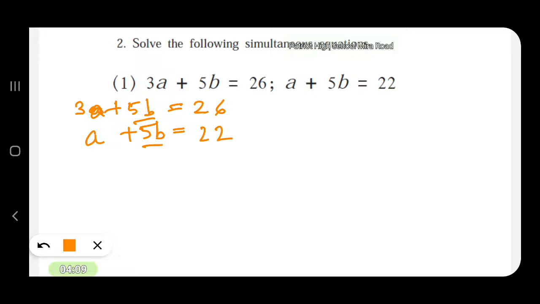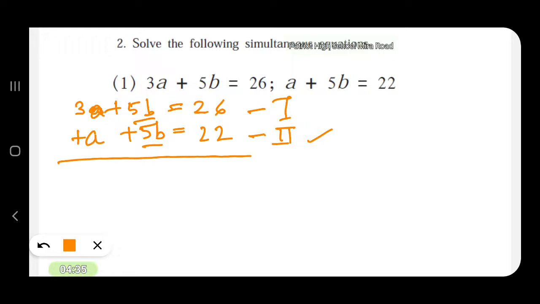So we can subtract equation 2 from 1. Subtracting equation 2 from 1, we can write it as below. So we have to change the signs. There is no sign over here. That means it is plus a plus 5b is equal to 22. This is also plus.